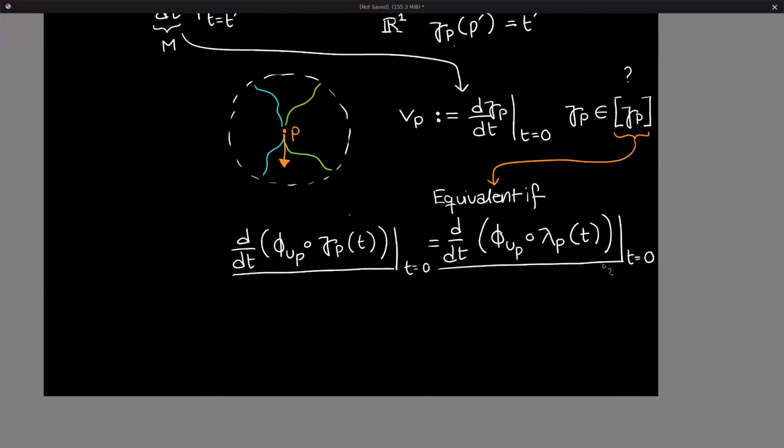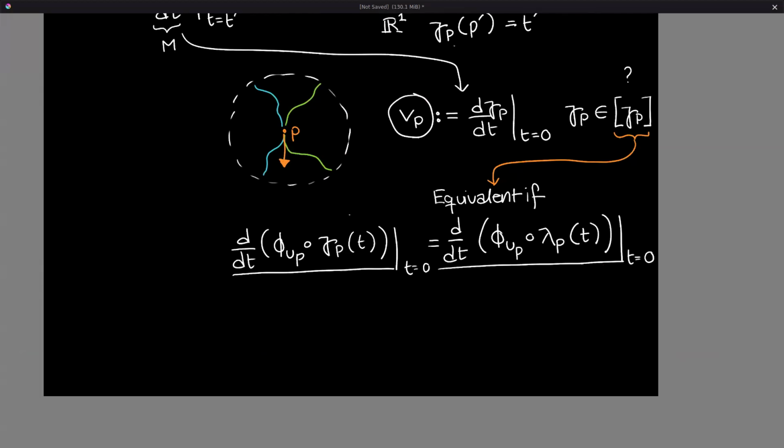So gamma p of t and lambda p of t have the same velocity if this is true. So we get a unique velocity vector for each of these equivalence classes. You can think before we had more curves and we put those curves in a set of bins based on the fact that they had the same velocity according to this criterion.